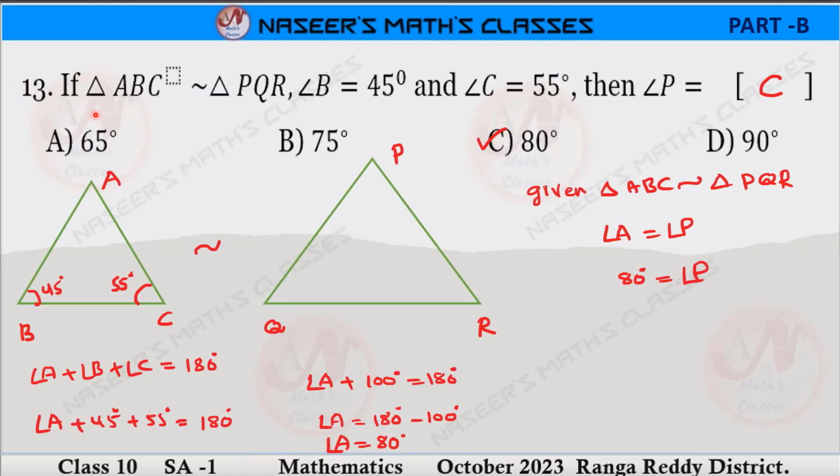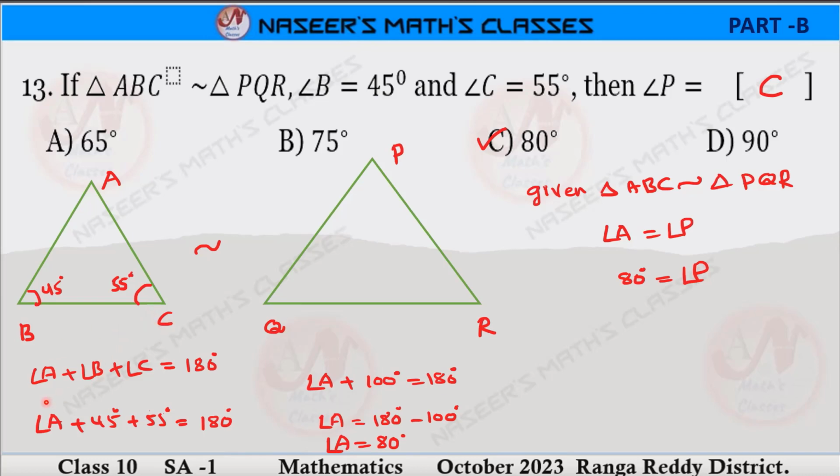If triangle ABC is similar to triangle PQR, angle B is equal to 45 degrees and angle C is equal to 55 degrees given, then find angle P. So from the given data, triangle ABC and PQR are similar triangles in which angle B is equal to 45 degrees, angle C is equal to 55 degrees.